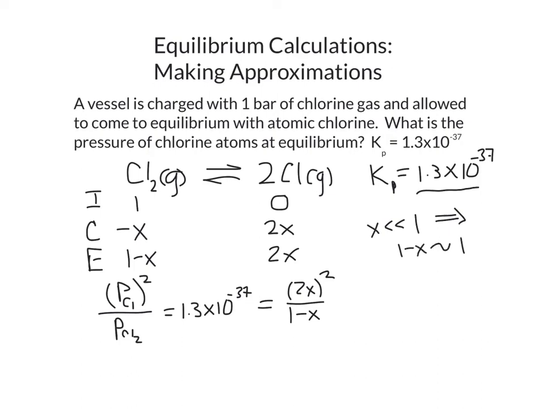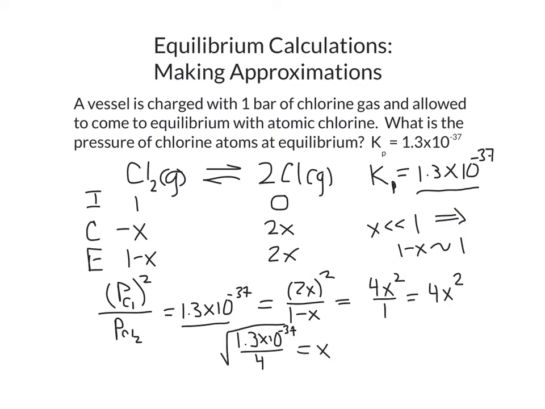And that simplifies my problem because now I have 4X squared divided by 1, or just 4X squared, equal to my equilibrium constant of 1.3 times 10 to the minus 37. So to solve for X, I just need to divide 1.3 times 10 to the minus 37 by 4 and take the square root to find X.